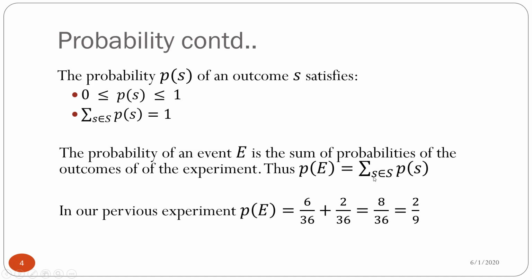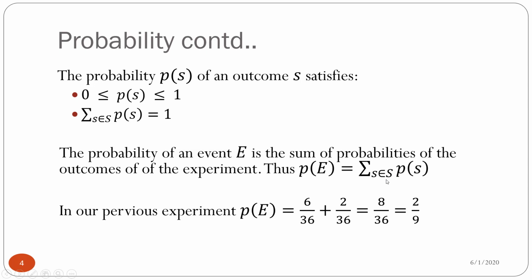What do we mean by S belongs to S? That means if S is the sample space, we are interested only in the S that belongs to the event. I believe it should be S belongs to E. So there is a typo here.